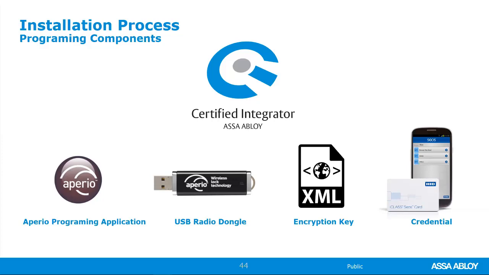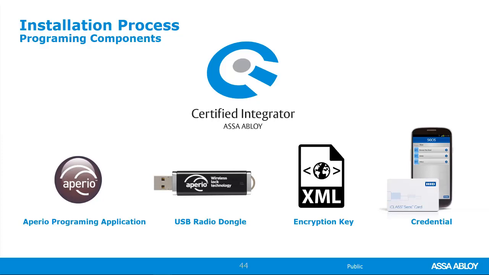One would be the programming software. And this software is the workhorse to be able to do all your configurations for your hub and your lock. Your radio dongle is what they would plug into their laptop when they're out on that facility. And that's the communication bridge between that hub and that locking device.